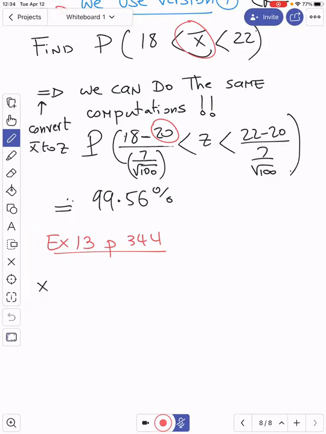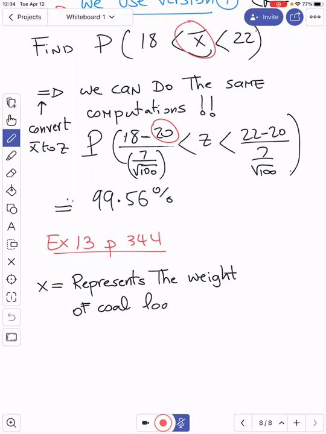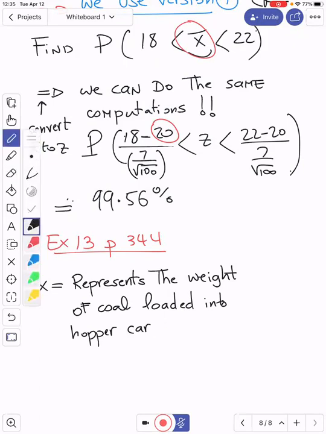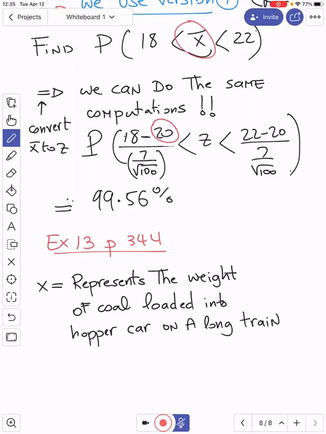So X represents the weight of coal loaded into a hopper car on a long train, and we suppose that X is normally distributed.